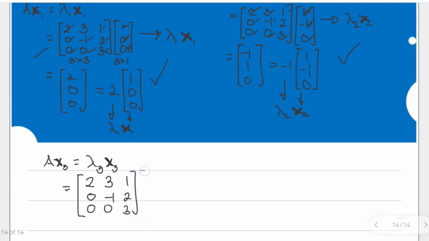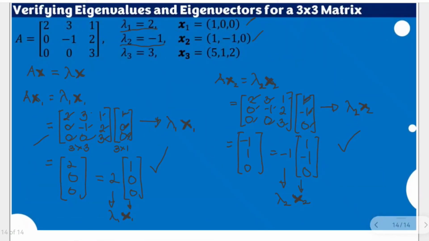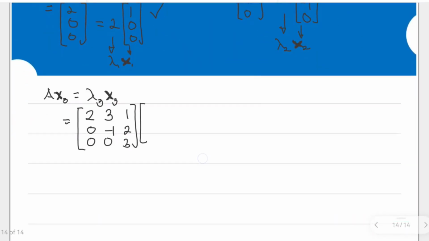And our third vector is 5, 1, and 2. The result of this should be the product of your lambda sub 3 times your same vector x sub 3.